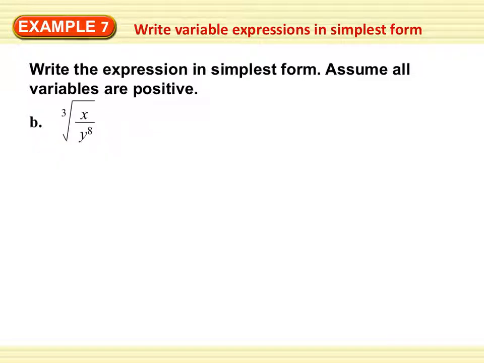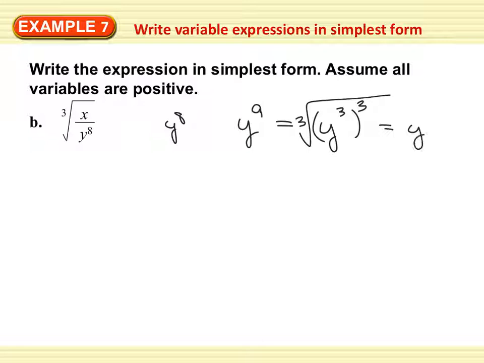Okay, write the expression in simplest form. Assume all variables are positive. So we're going to try to make this denominator a perfect cube. I can't do anything with a y to the 8th, but I can do something with a y to the 9th, because that would be y to the 3 to the 3rd. If I take the 3rd root of that, I get y to the 3rd power, right?